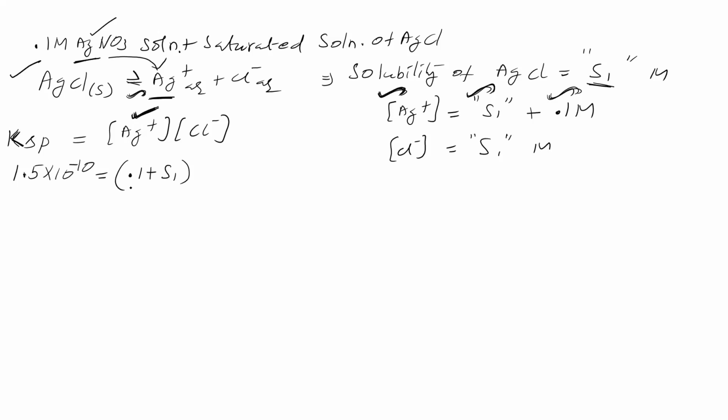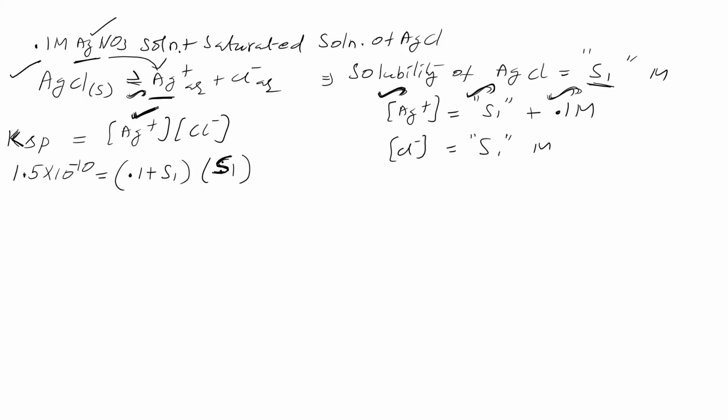Have you got the idea? Therefore, it is 0.1 plus S1 molar, because in the resultant solution the Ag plus concentration will be one value. Then the Cl minus concentration is S1 molar, which we have written here.